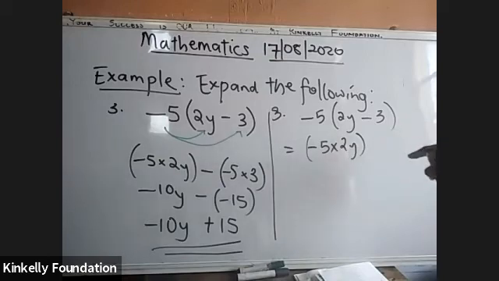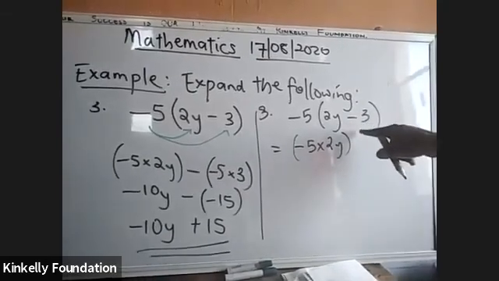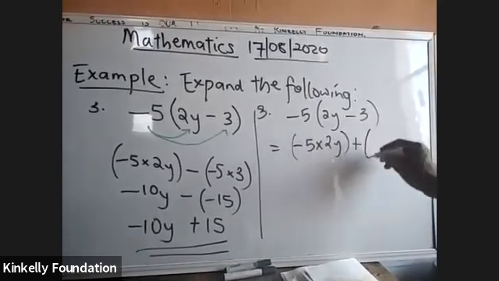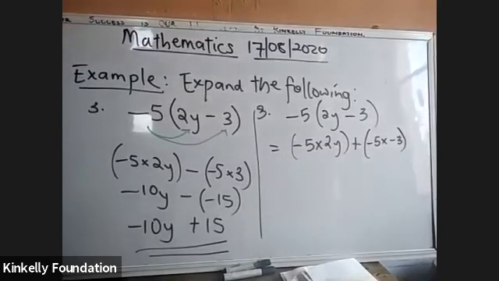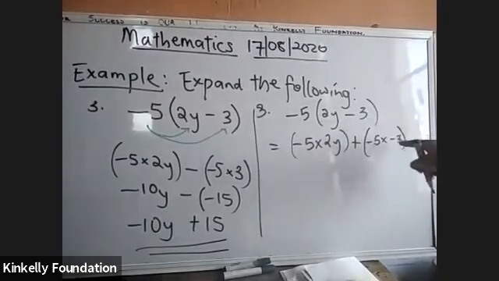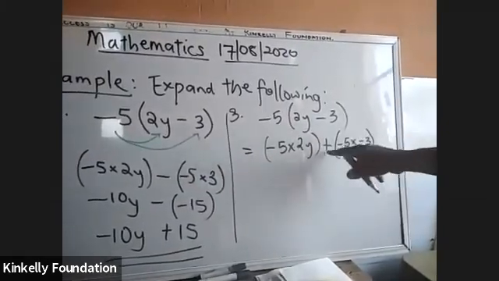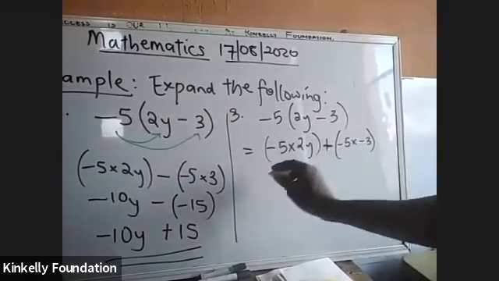Now, remember this is what? Minus 3. So we can say plus minus 5 times minus 3. You see now, this becomes what? This one becomes this, and you have a plus sign to separate them.